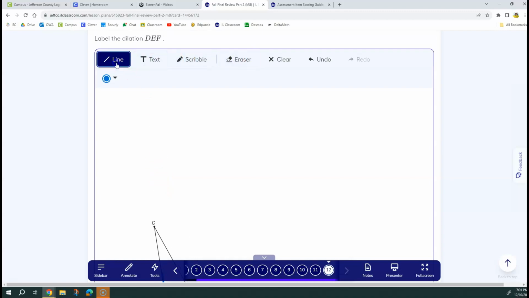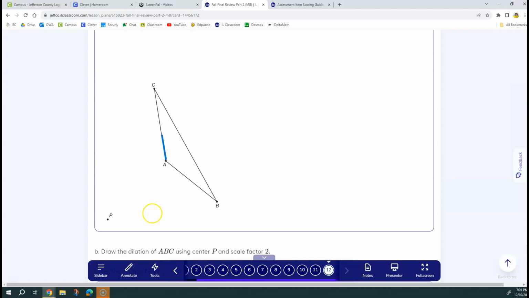Okay. Ooh, I don't know if it'll allow us to move those lines. That's always fun. Okay, so we're just going to do our best. So here's 1/3. Here's probably 1/3.